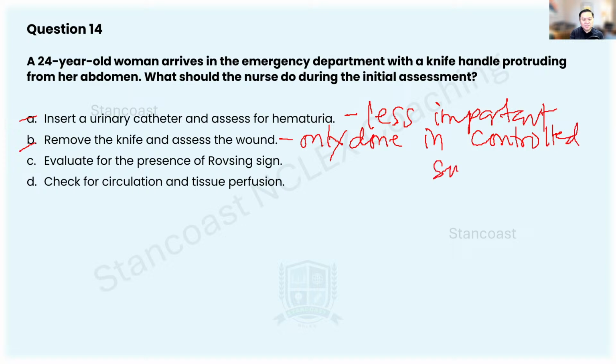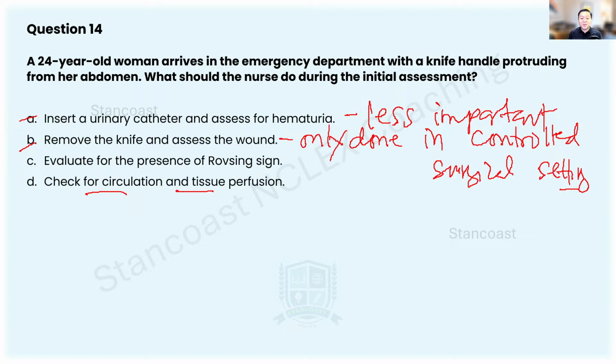When the medical provider is around, when everything is set up, let's say a minor surgical procedure in the emergency room department in trauma, then we have to wait for the medical provider to do the removal. We're not going to initiate removal of a foreign body. So our priority here is letter D, check for the circulation and tissue perfusion.